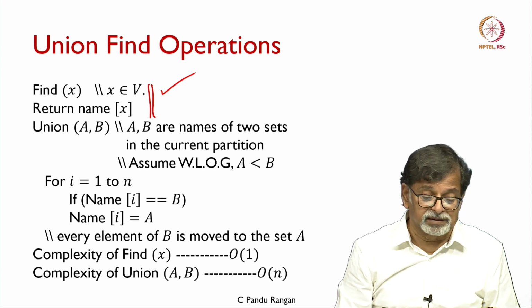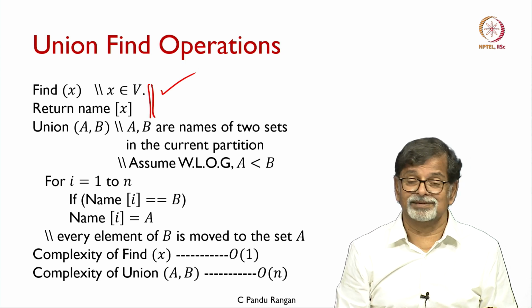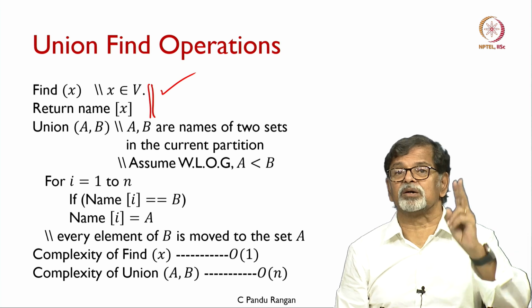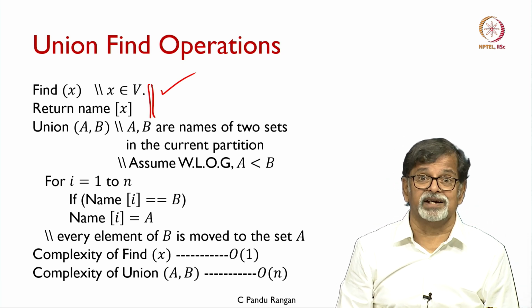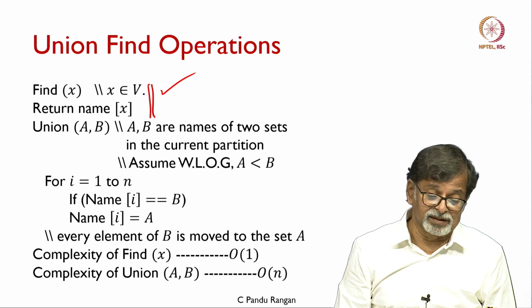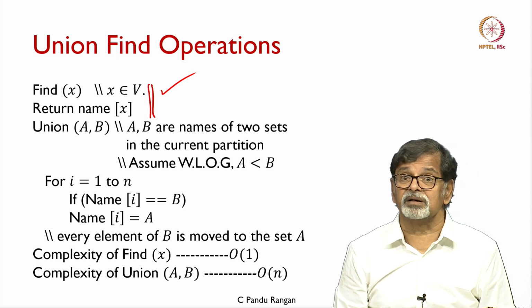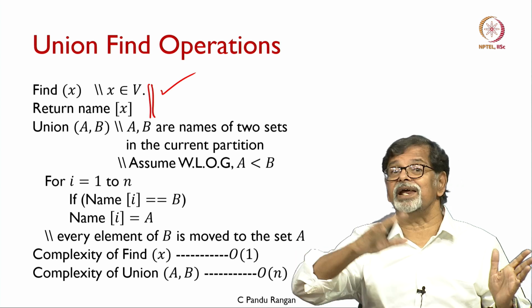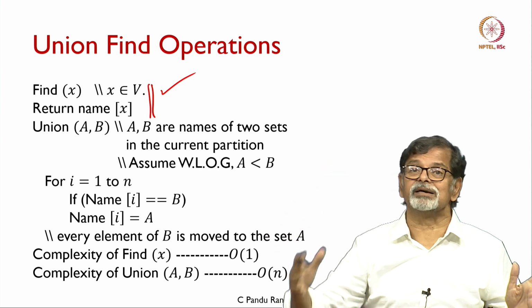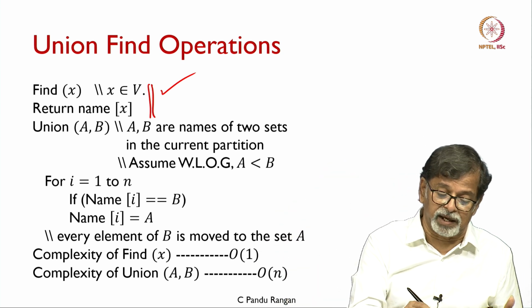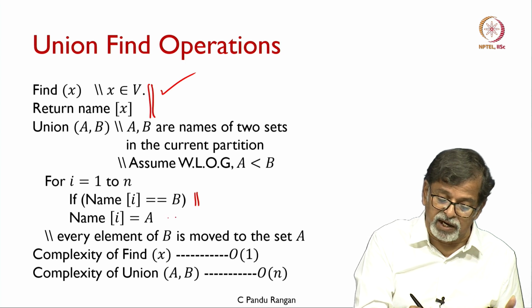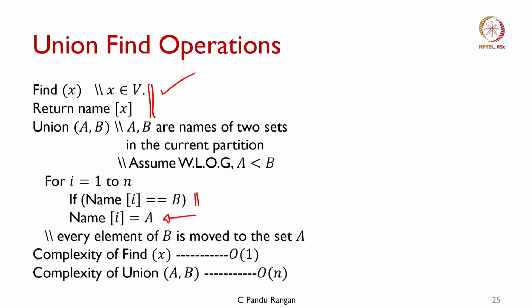How will you find union? Suppose A and B are two names. Assume that A is less than B. How do you find the union? You have to rename all the bigger values to the smaller value. If name of i is B, change that to A. So, let us go back to this.